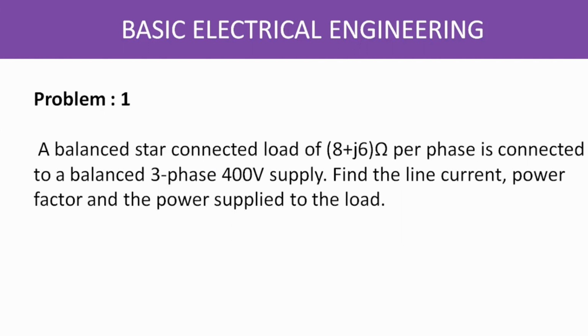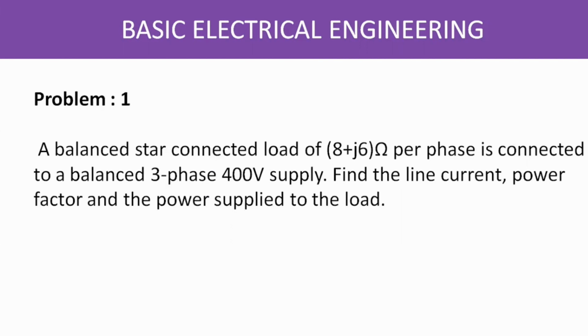A balanced star connected load of 8 plus j6 ohm per phase is connected to a balanced 3-phase 400 volt supply. Find the line current, power factor and the power supplied to the load.